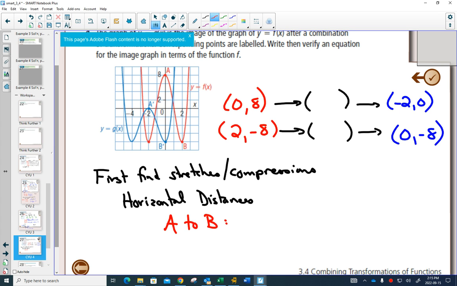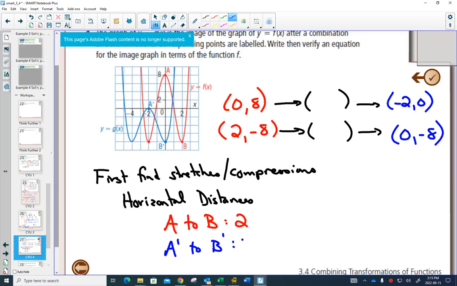If you went from A, which has an x value of 0, to B, which has an x value of 2, do you see that the horizontal distance between A and B is 2? On A prime to B prime, it's at minus 2 to 0.